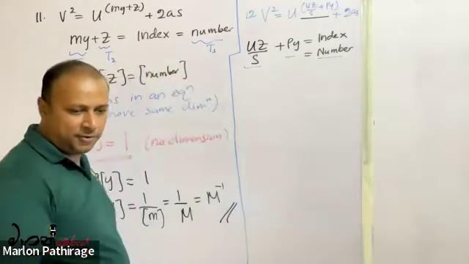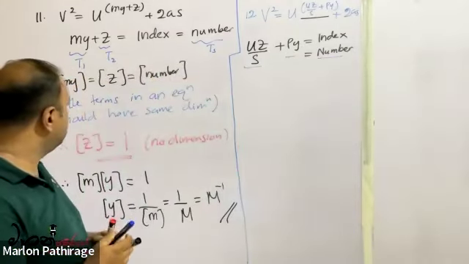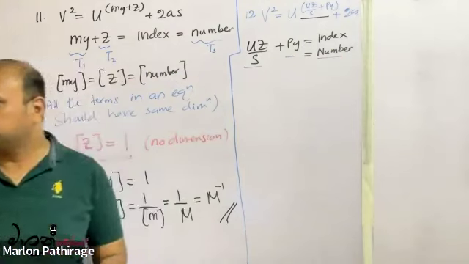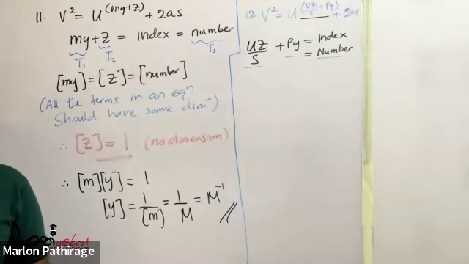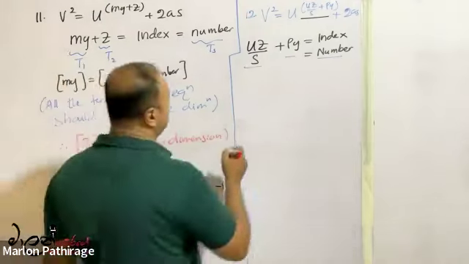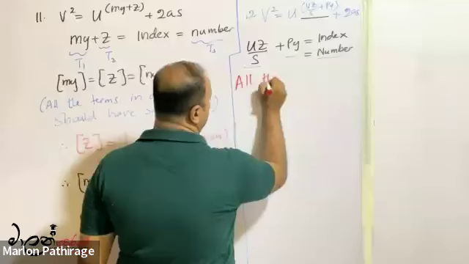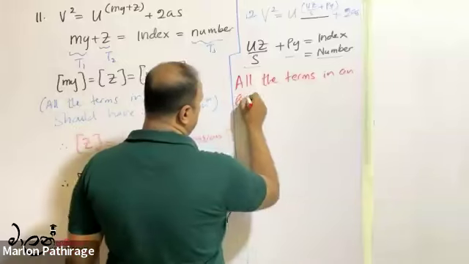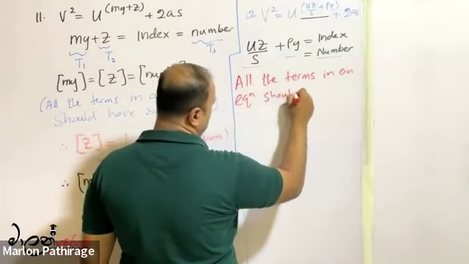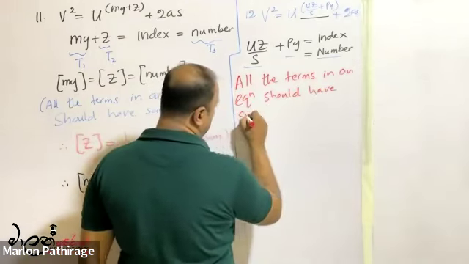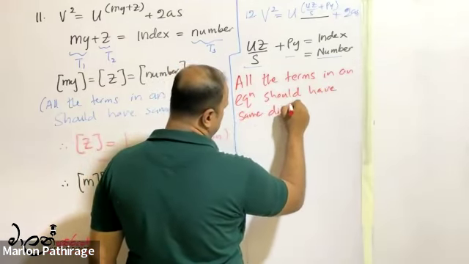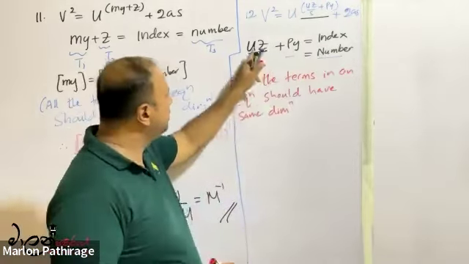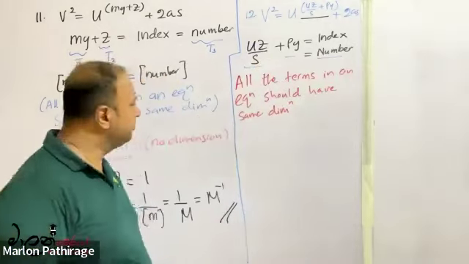Therefore, all the terms in an equation should have the same dimension. Accordingly, Py should be a number, U Z over S should be a number.